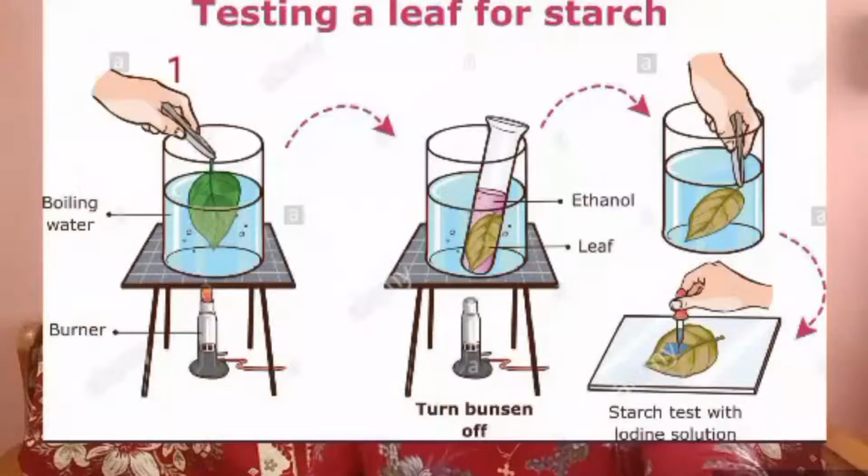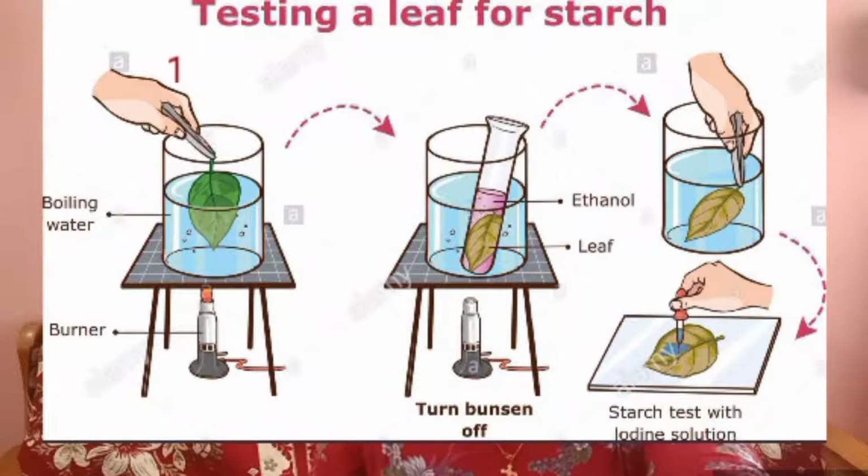To show that green leaves contain starch, there is a small experiment. For this experiment, we need a green leaf, a beaker, water, alcohol, a tripod stand, a test tube, and iodine solution. You can see them in the picture.